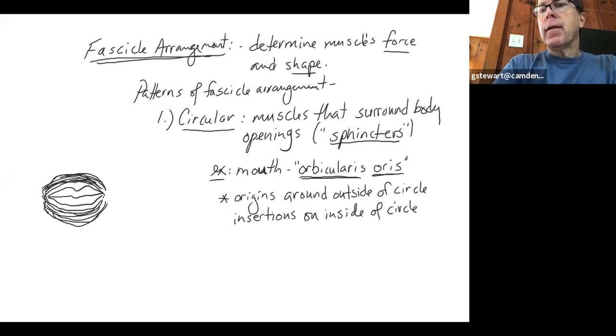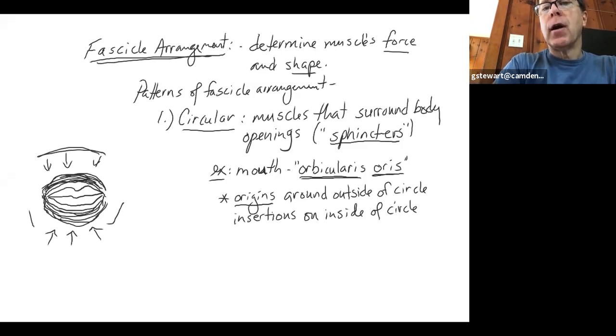I've just drawn it. The origins would be located around the outside of this circular muscle. So the origins for the orbicularis oris would be the mandible down here, the lower jaw, and the maxilla right under our nose up here, which is what you and I call the upper jaw.